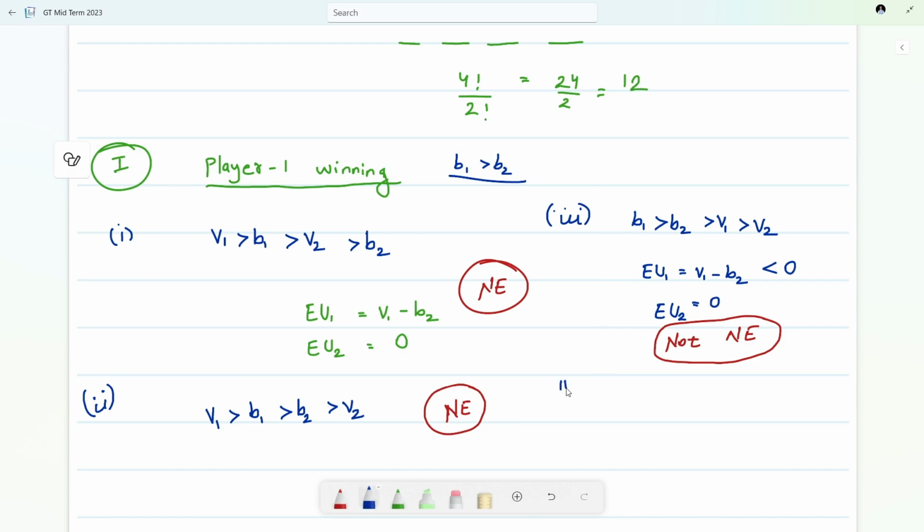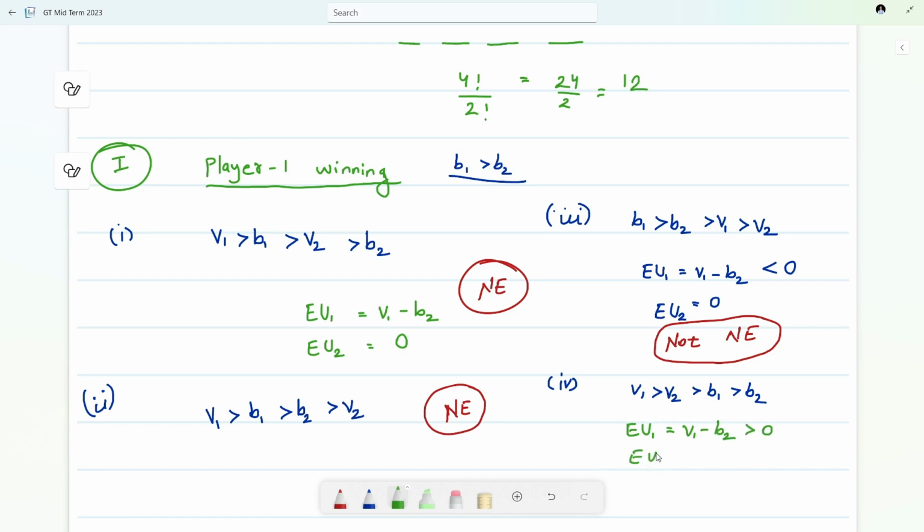Okay. Now, consider case number 4. V1 is greater than V2 because we have to follow this, and B1 is greater than B2. Now, take a pause and try to answer it. Expected utility for player 1 will be what? V1 minus B2, right? Which is greater than 0.